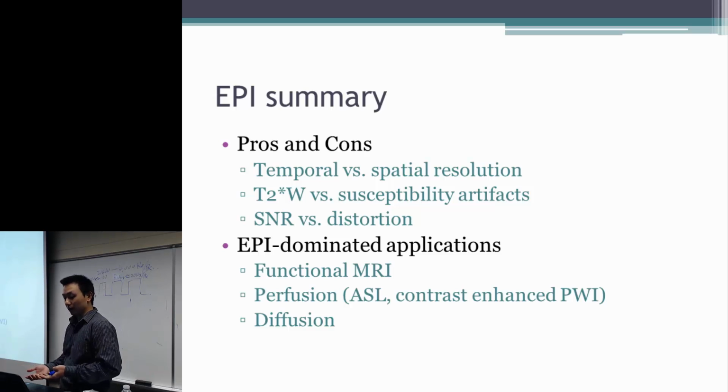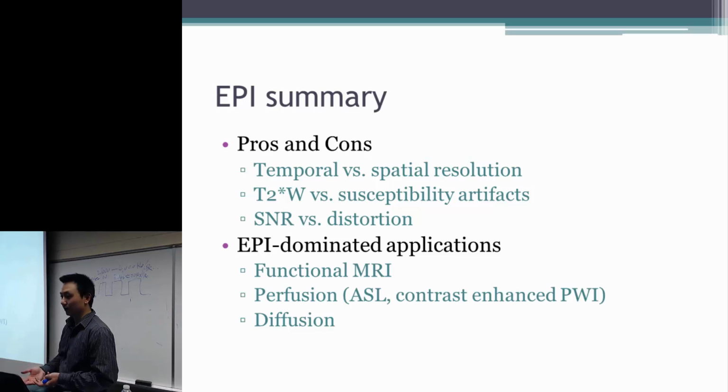There are pros and cons. If we want to collect a very fast image, then we need to sacrifice some of the spatial resolution. So usually if we use EPI to do fMRI, we actually use very low spatial resolution. Like the k-space matrix is usually like 64 by 64 for the whole brain.